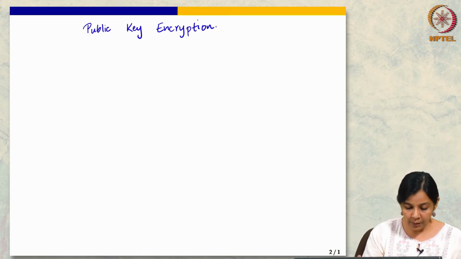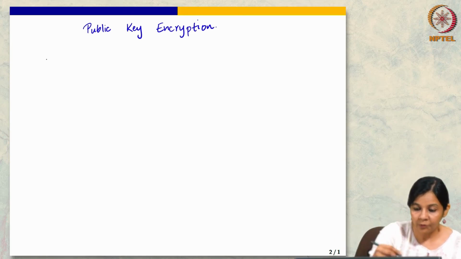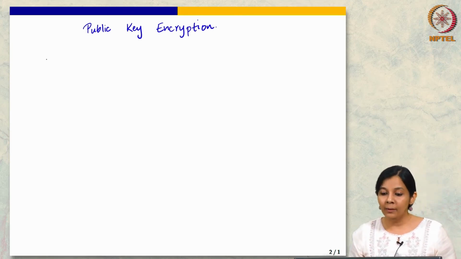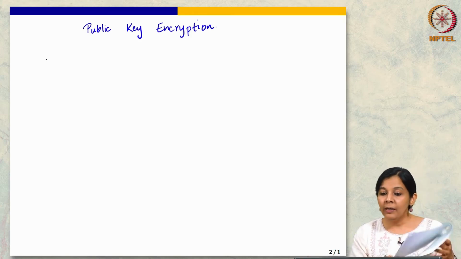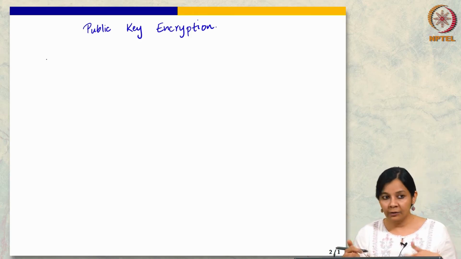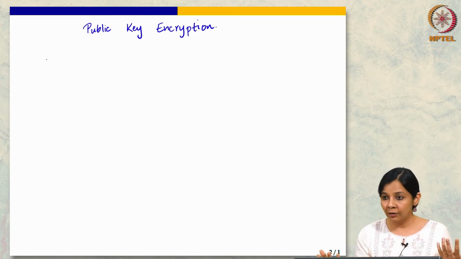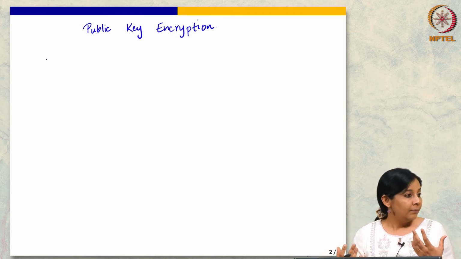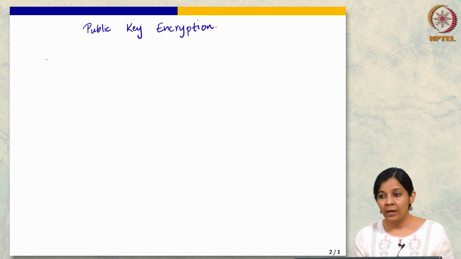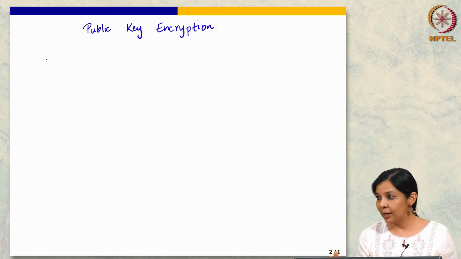Okay, so let's see. What do we need in order to define a public key encryption scheme? So we need two things. One is that of course we need to specify the algorithms, right? So there should be an encryption algorithm, a decryption algorithm.